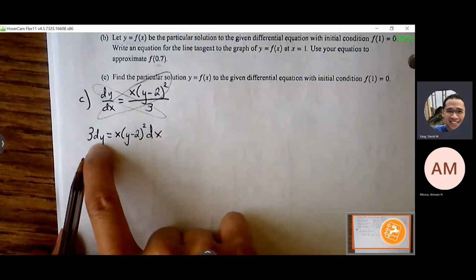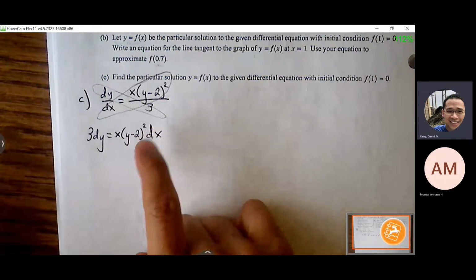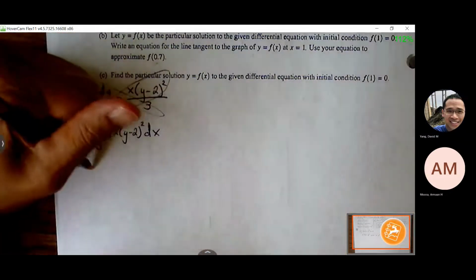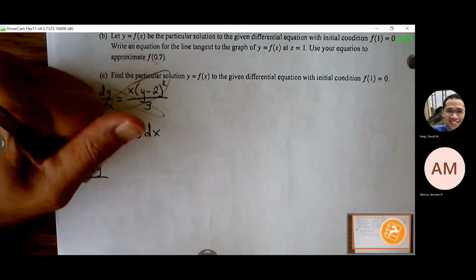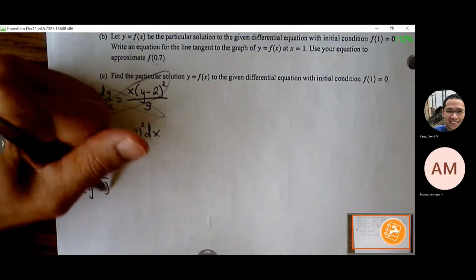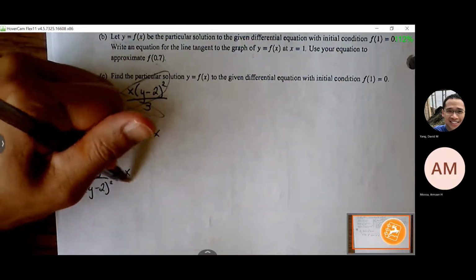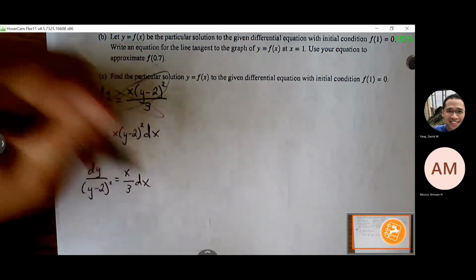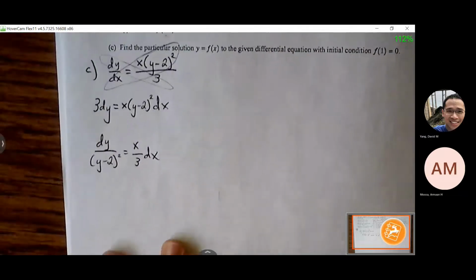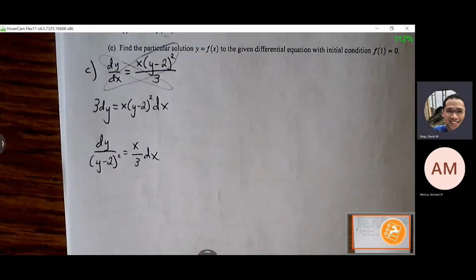I'm going to divide the y minus 2 over to the left, and I'll divide the 3 over to the right. Good so far? Okay, all right.